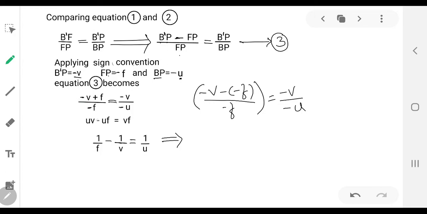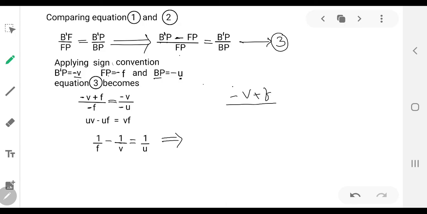So the equation becomes minus V plus F divided by minus F is equal to minus V by minus U. Again this minus cancels. So what you are going to get is minus V plus F divided by minus F is equal to V by U.